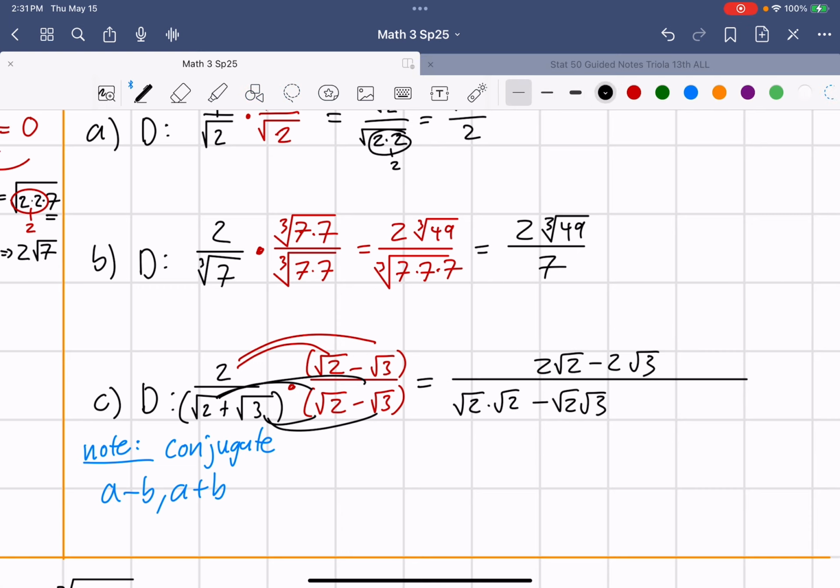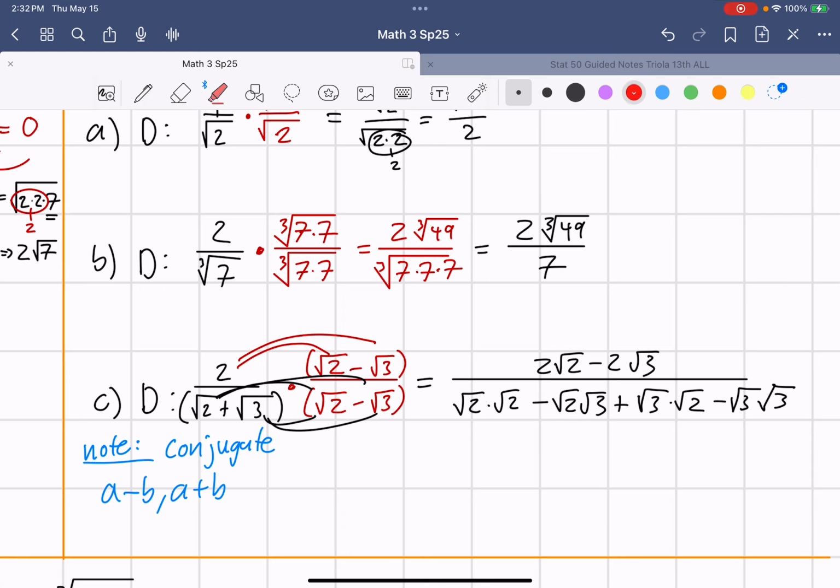I'm going to put this here. And then plus square root of 3, now I'm doing the square root of 3 multiplying to both. I did square root of 2 multiplying to both. That's going to give me times square root of 2. And then minus square root of 3 times square root of 3.